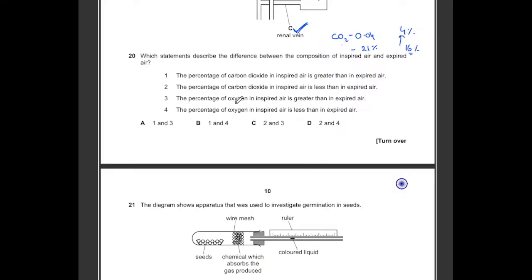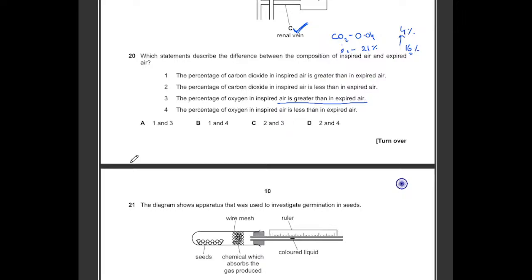Is the percentage of CO2 in inspired air greater? No. The percentage of oxygen in inspired air is greater than expired, 21 and this is 16. So the third one, right?